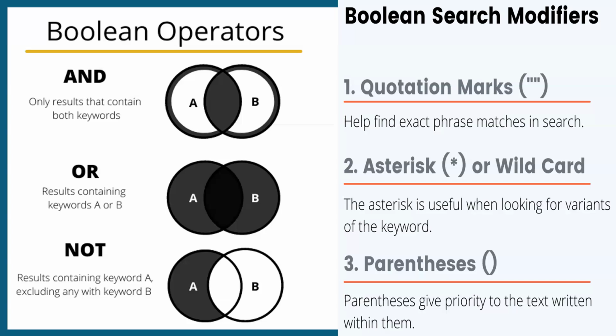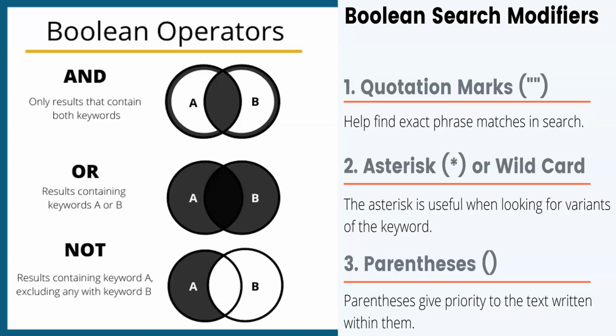Other than that, the quotation mark is important. For example, if you have two words, forest management, and you want both words together in your article, you need to keep that in quotation marks. Quotation marks mean that the keyword consists of both words.